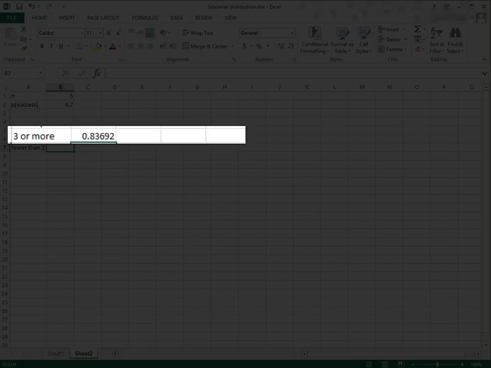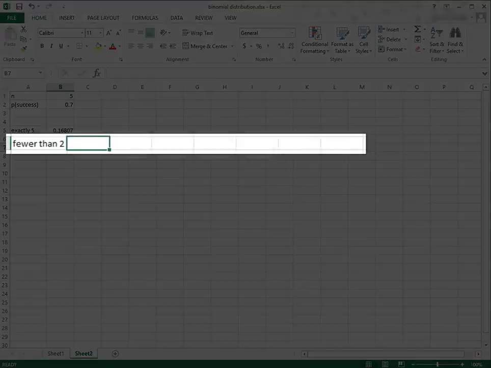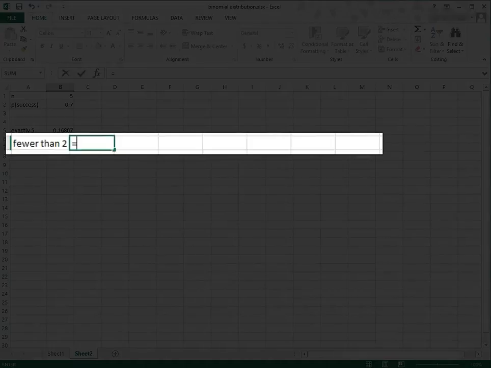Finally, we want to find the probability that fewer than 2 will be resolved on the same day. To arrive at that solution, we take the probability of up to 2 minus the probability of exactly 2.